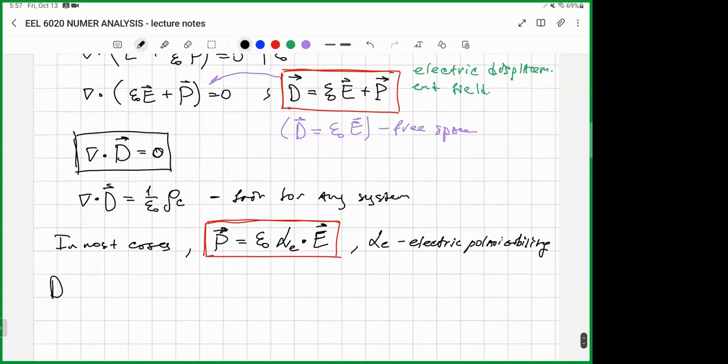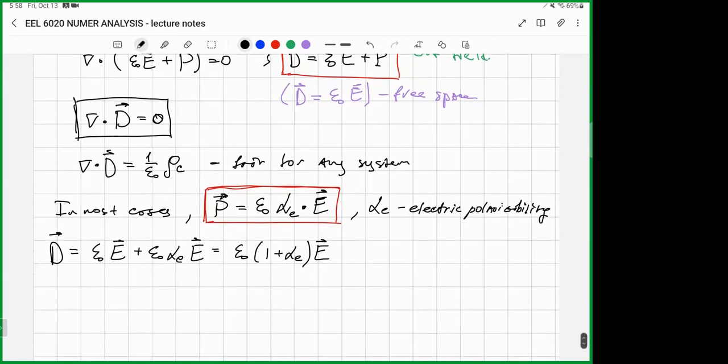So we get D equal to epsilon 0 E plus epsilon 0 alpha E times the electric field. The same can be rewritten as epsilon 0 times 1 plus alpha E, times the electric field.